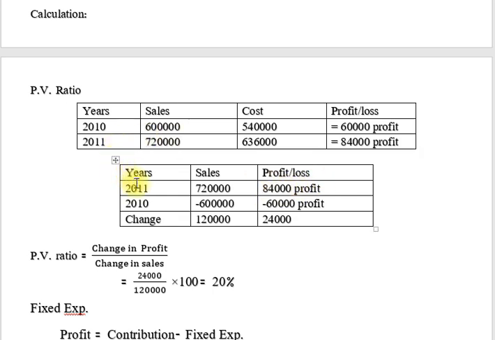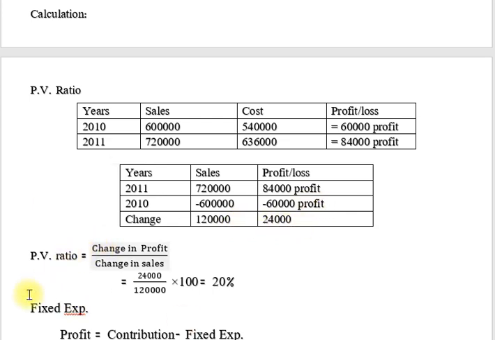In 2011 the profit is 84,000 and in 2010 the profit is 60,000. The difference is 24,000. So now we get our answer: change in sales 1,20,000 and change in profit 24,000. Now we use this information and find out our PV ratio.